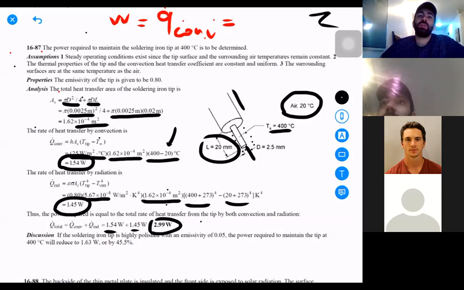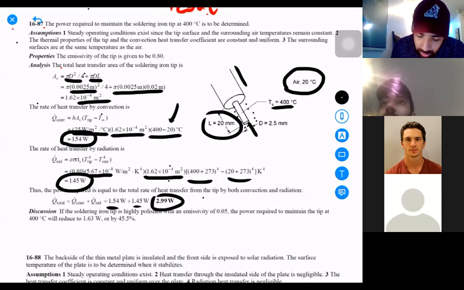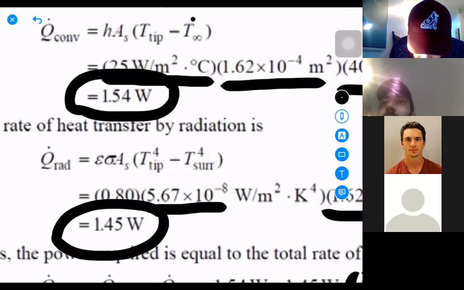This is the case when you have a low emissivity term. As it is saying here, if the iron tip was polished with an emissivity of 0.05, that means this term, the emissivity, decreases.